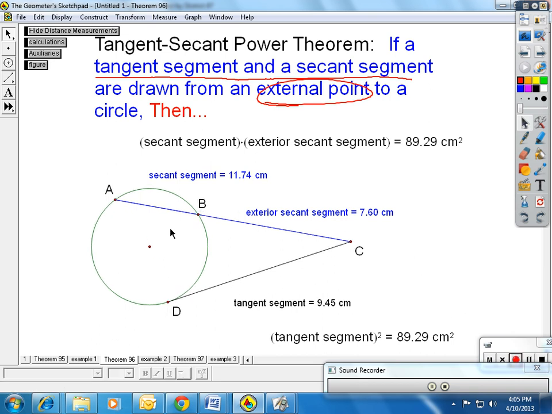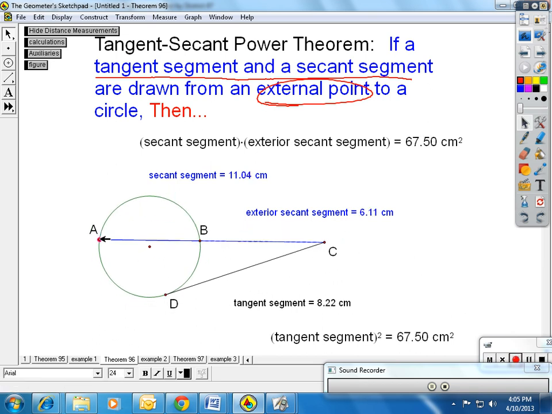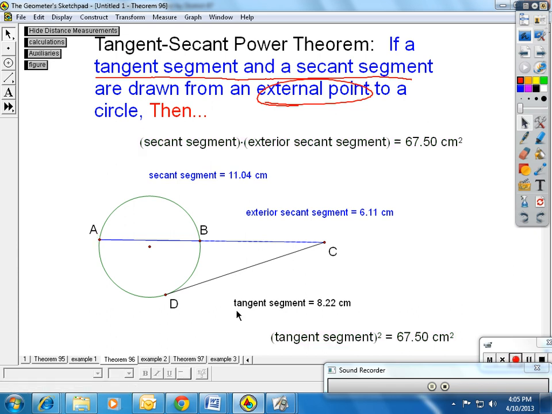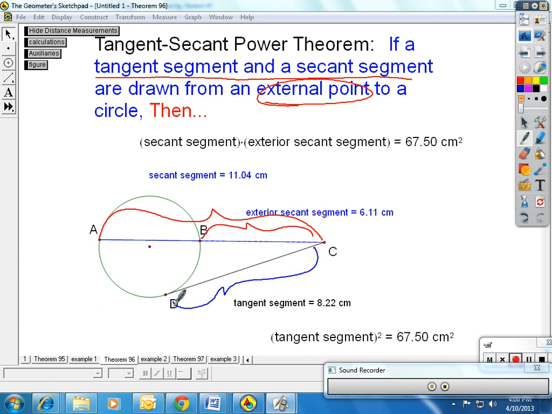You can adjust this. You can see that this value and this value, that product is the same always. So let me put some markings on this. What am I multiplying? I'm multiplying this distance times this distance to equal this distance times this distance again, or squared. Okay, so look at the picture. Is that something that you can internalize? All right.